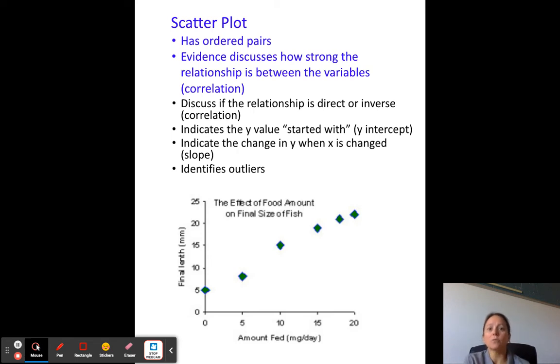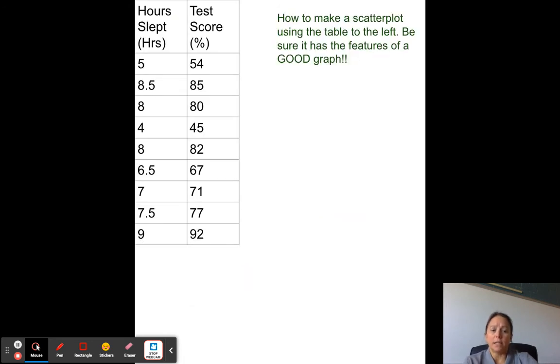Remember, a scatter plot has ordered pairs, and we're looking for evidence to show a relationship between those two values, like the X and the Y. The X is one set and the Y is the second set, and so we're looking for that relationship between those two variables. We can also look at things like outliers and gaps in our data when analyzing information in our scatter plot. So let's look at this set of data.